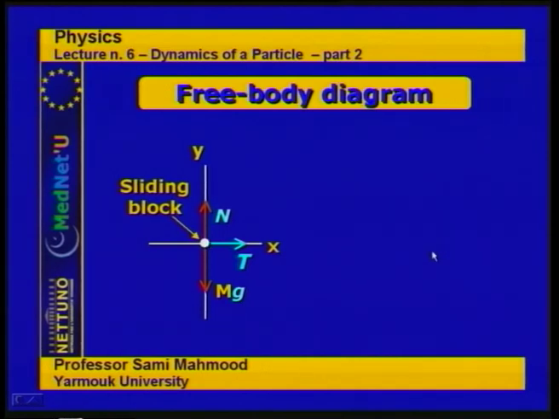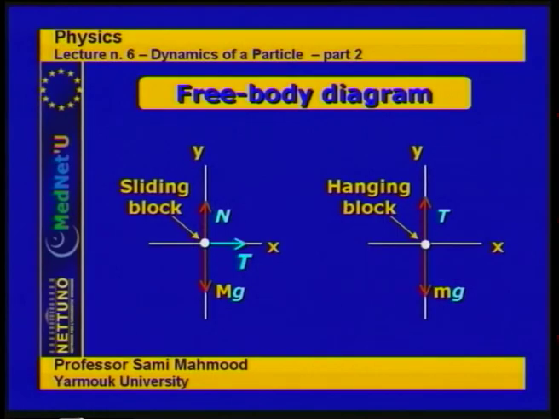We define the x-axis pointing toward the right, parallel to the surface of the table, and the y direction pointing upward, perpendicular to the surface of the table. Those are the three forces acting on the sliding object.